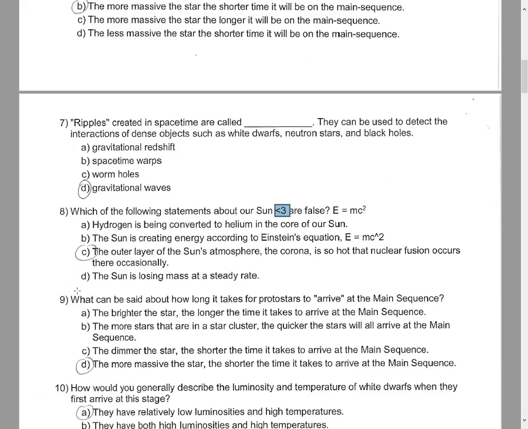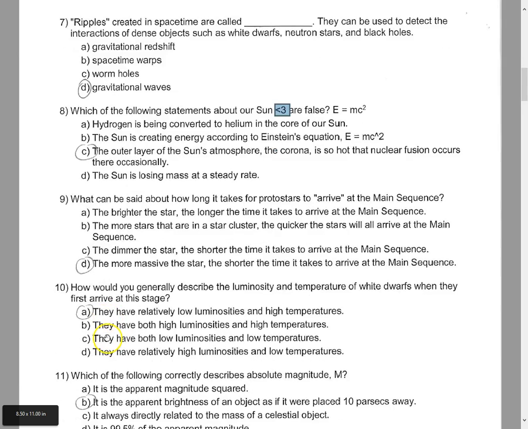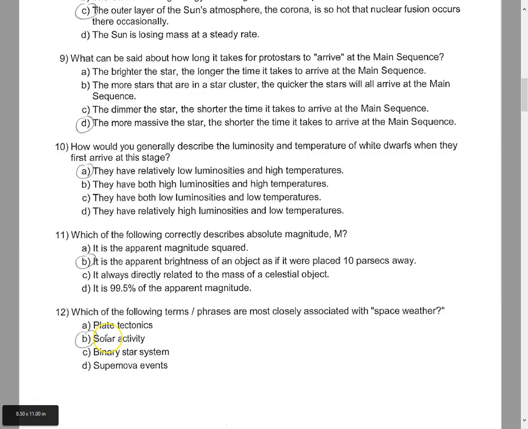So, question 9. Which of the following can be said about how long it takes for a protostar to arrive at the main sequence? And again, the more massive the star is, the more quickly it moves from protostar to main sequence. So D is the best answer there. Question 10, how would you generally describe luminosity and temperature of white dwarfs?